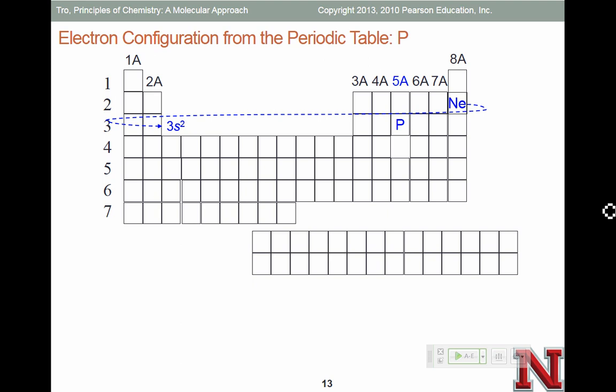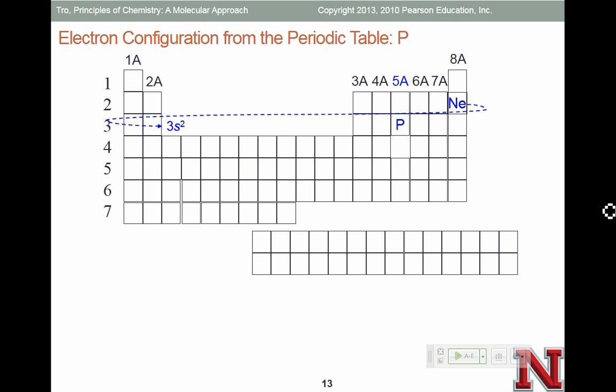Now you can do the full electron configuration going all the way from 1s1, but typically, especially as we get to lower atoms here, you're going to be doing a really long electron configuration, and it's not necessary because everything's the same till you get to neon, in this case, because it's our noble gas right before it.